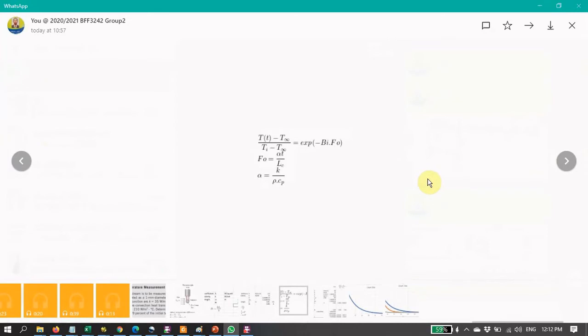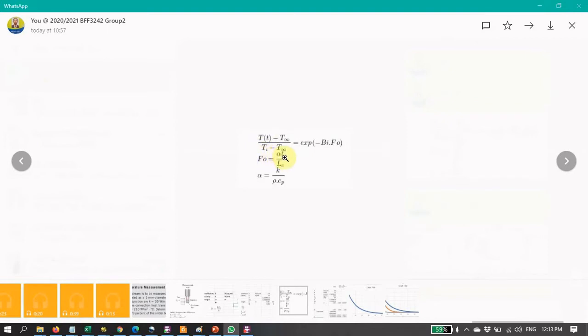So this is the time history, which we describe based on non-dimensional parameters. We have the temperature difference of the body minus the fluid temperature, and the denominator will be the initial temperature difference. It says that the thermocouple reads 99% of the initial temperature difference.